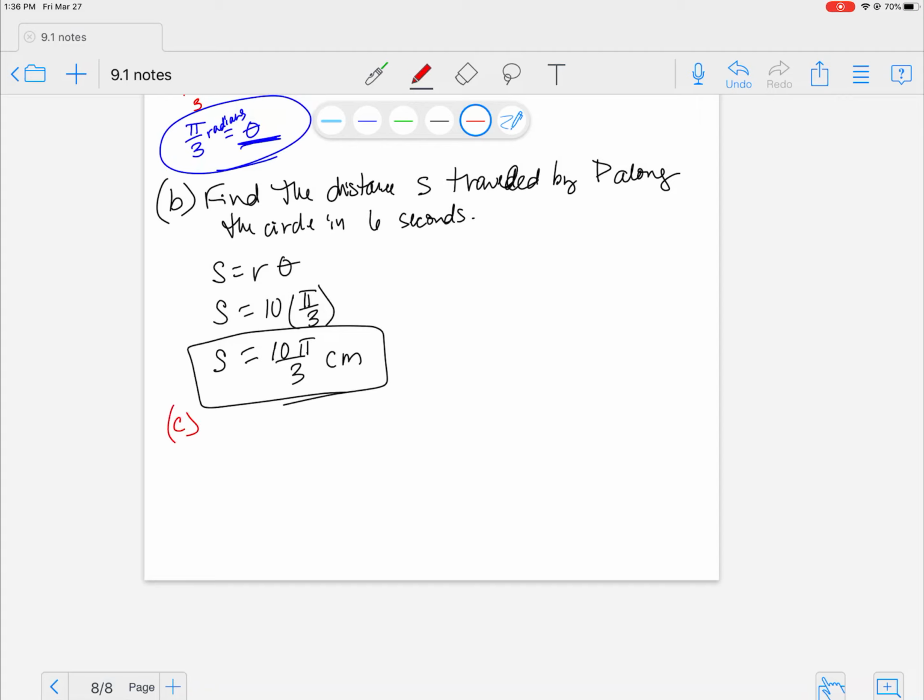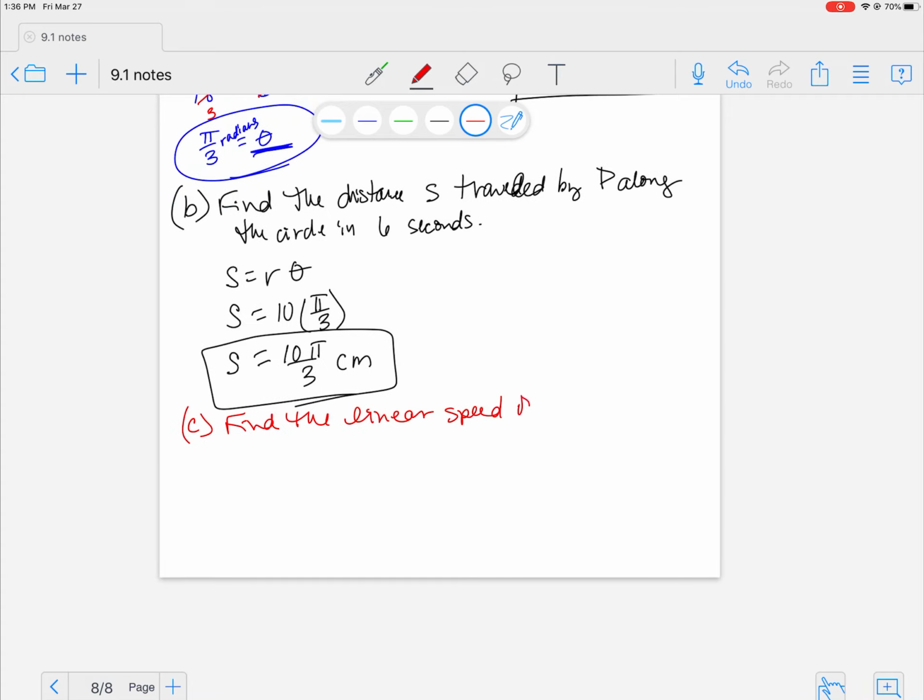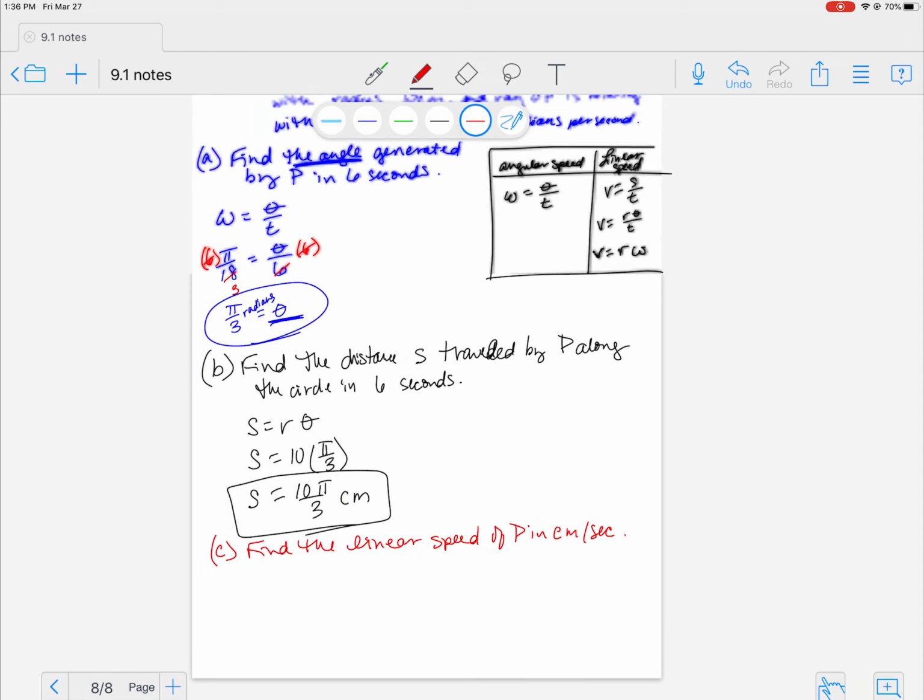All right? Okay. A, B. Let's do one more. C, on this same info, is I want to find the linear speed of P in centimeters per second.